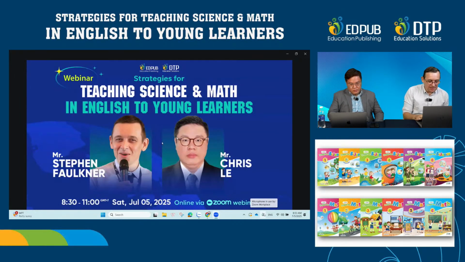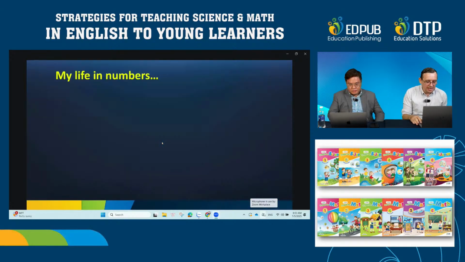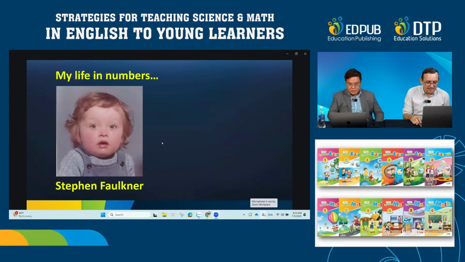So let's get started. Firstly, let me introduce a little bit about myself. Because we're doing math and science, I thought I'd start off with a bit of numbers for you. So yes, this is me. This is my life in numbers.